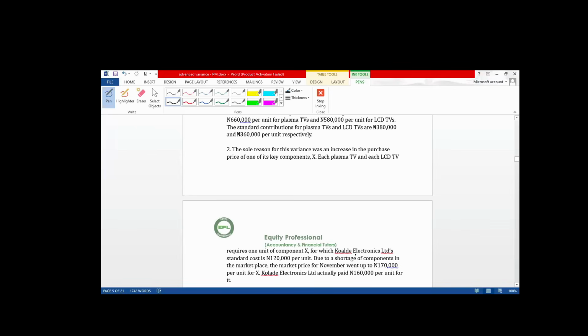For which Colade Electronics Limited, standard cost is 120,000 naira per unit. Our standard material cost for component X is 120 per unit.